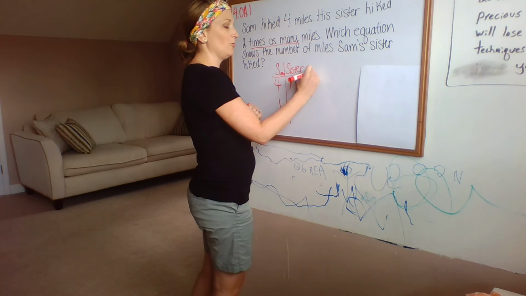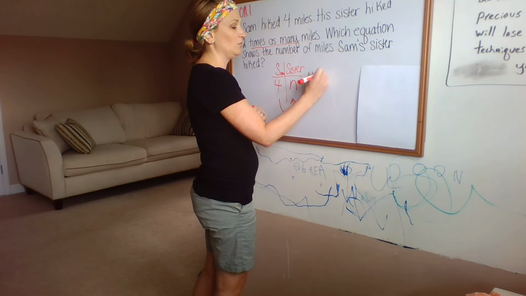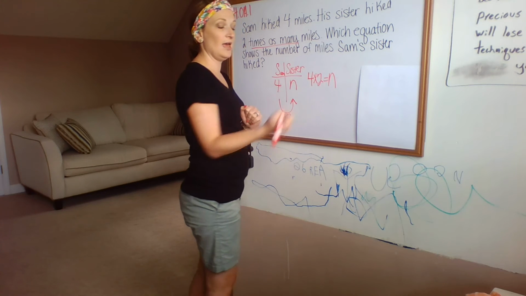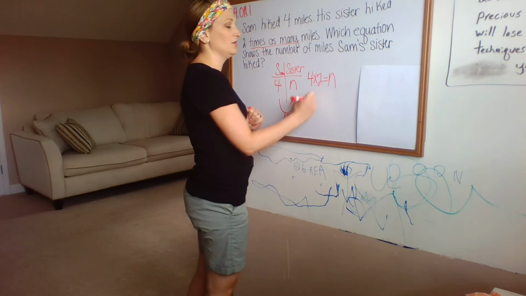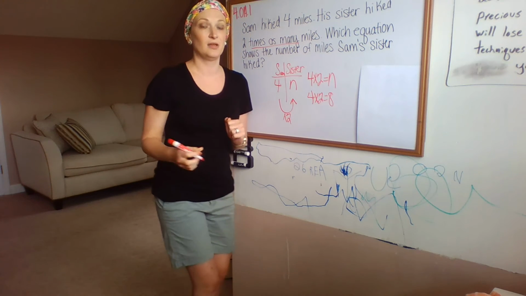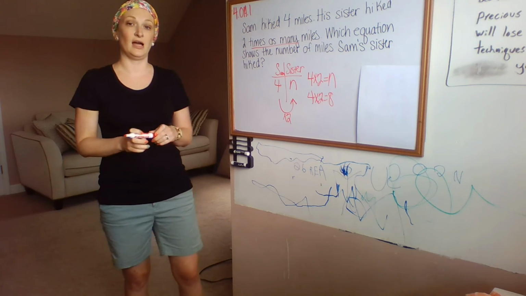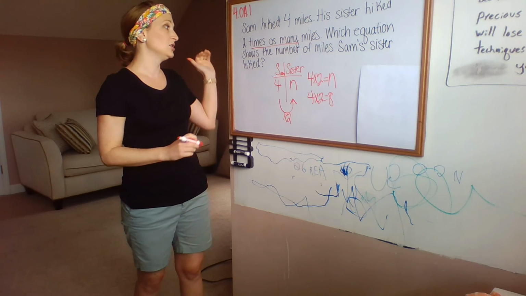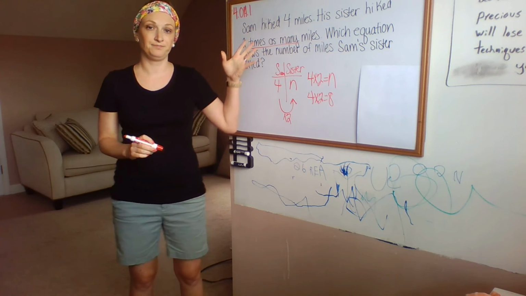So the equation that we would write is 4 multiplied by 2 equals n. Then we solve for n, so 4 multiplied by 2 equals 8. So Sam's sister hiked 8 miles, which is 2 times as many miles as Sam.